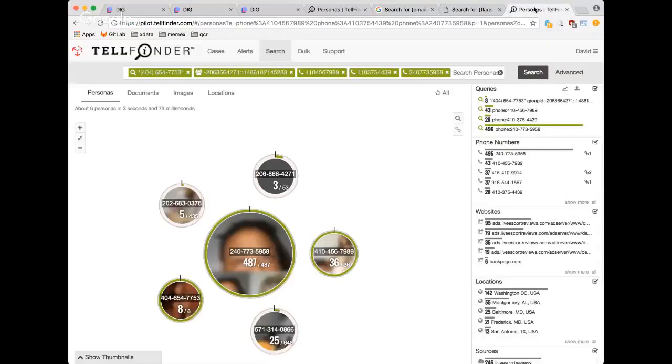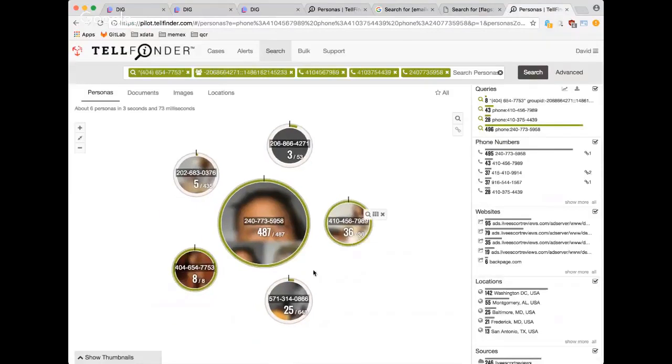And when we did it in this particular case, what we found was a rather large network that crossed 3 different state boundaries between Georgia, Washington, D.C., and Virginia, and literally thousands of ads with multiple women associated with this particular ring.